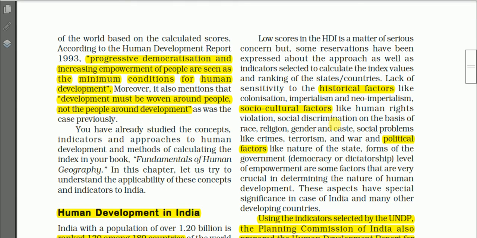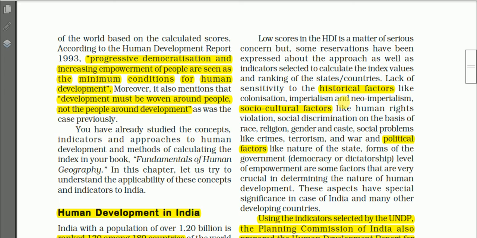Low scores in human development are a matter of serious concern, but some reservations have been expressed about the approach as well as indicators selected to calculate the index values and ranking of the states and the countries. You must know that low HDI scores are a matter of serious concern.